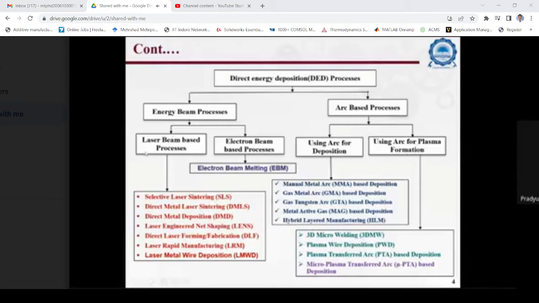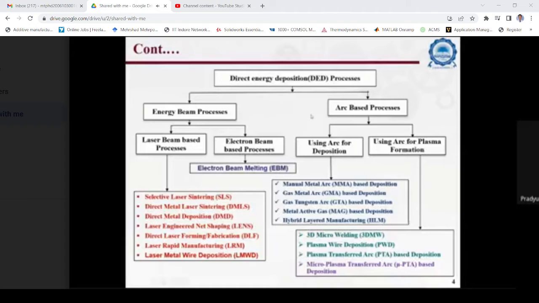Energy beam based processes use either a laser or an electron beam as a heat source. They have high heat transfer efficiency and yield very good quality of deposition, but they are very costly, have low deposition rates, and are more suitable for minimum size additive manufacturing of metallic material.